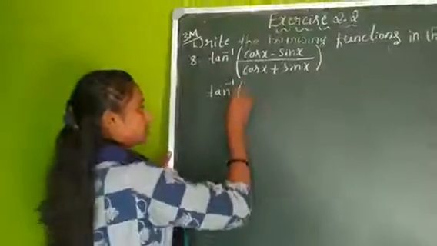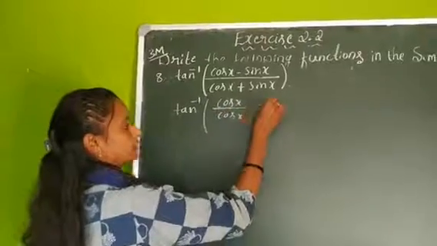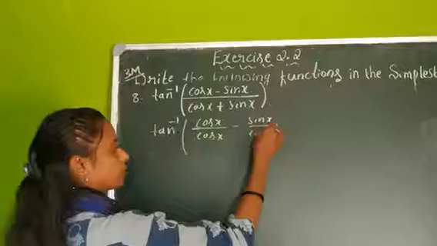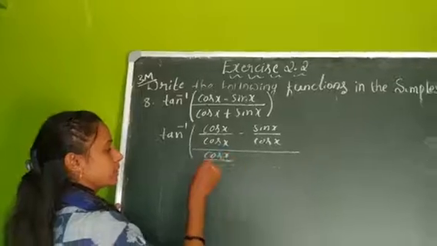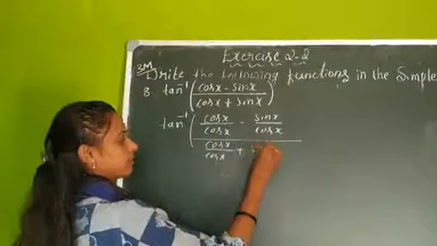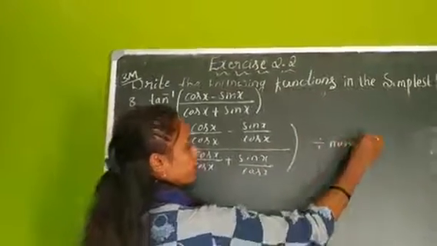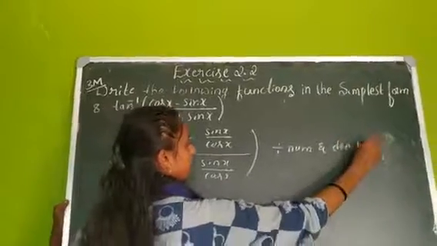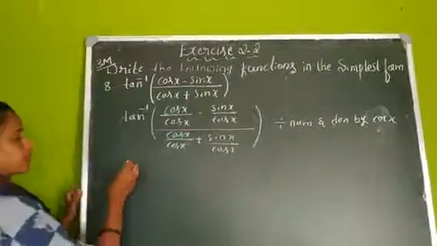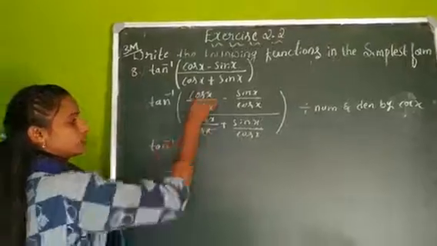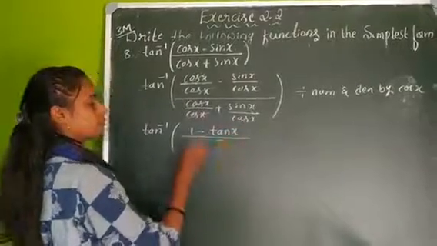Here it is cos x divided by cos x minus sin x divided by cos x, this is the numerator, and the denominator is cos x divided by cos x plus sin x divided by cos x. This is how I divide numerator and denominator by cos x. Here these two get cancelled, hence you will get tan inverse of 1 minus tan x divided by 1 plus tan x.